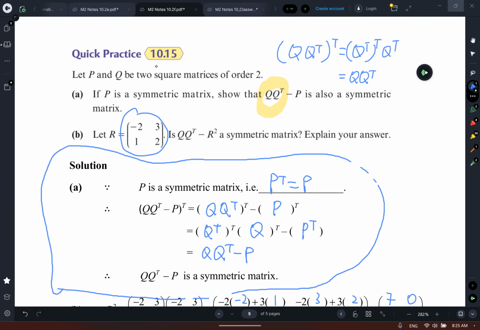Isn't it? So if you want to create a symmetric matrix, QQT must be something like that. So you need to accumulate this knowledge. This will help you solve a very difficult question about matrices.